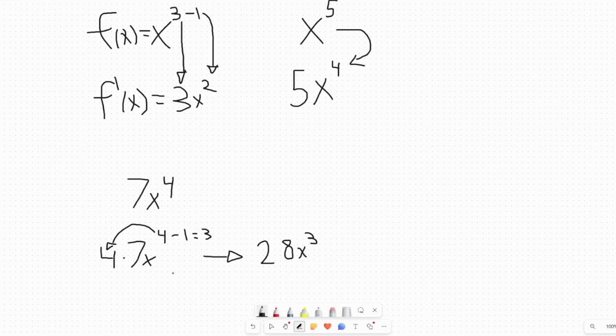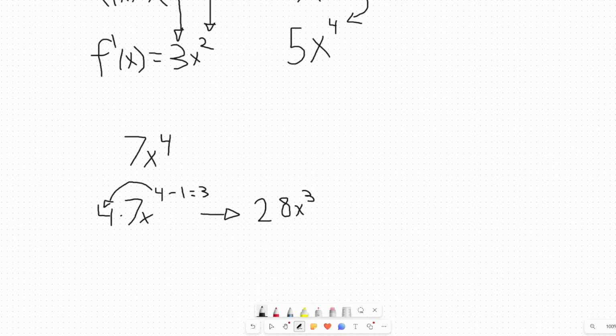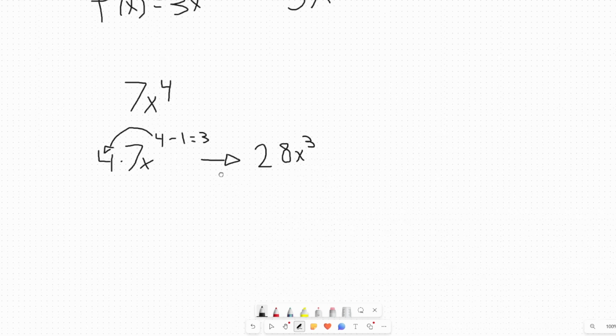So yeah. Now we're getting on to the next question, which is f of x is equal to minus 2x to the 6. So we just went over this, but now we have a negative. So maybe take a second to try it for yourself.